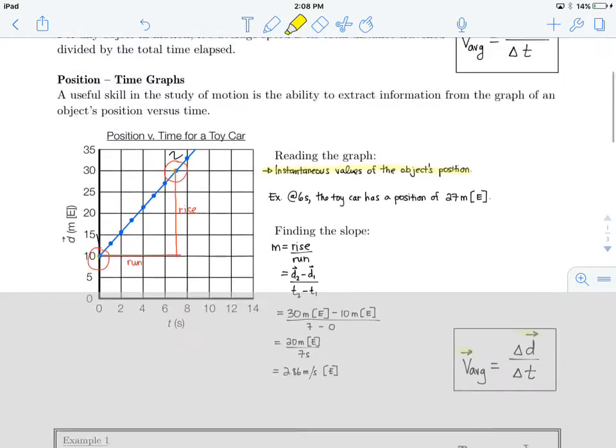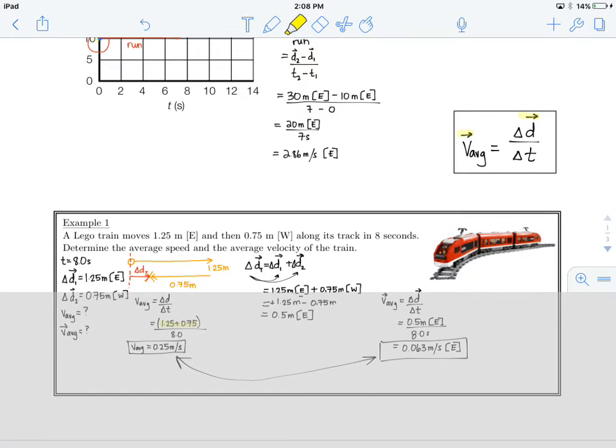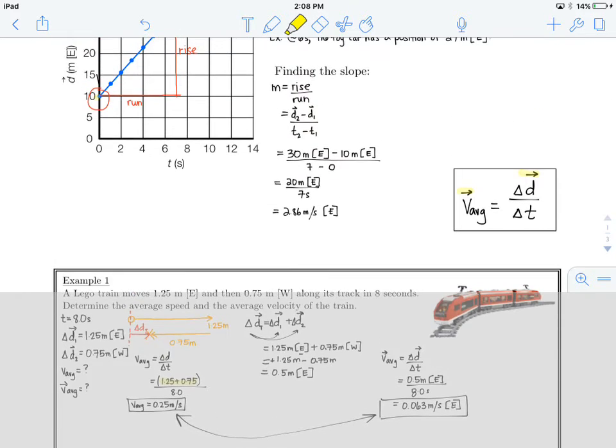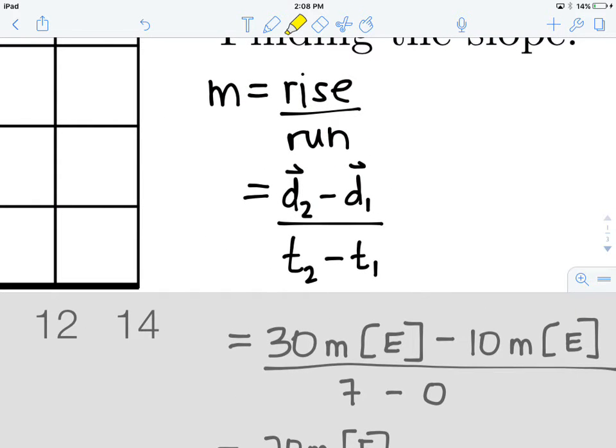It looks very similar to the equation that we had above. However, average velocity is displacement over time. You'll notice that this is position 2 minus position 1. This is what we call delta D, so this is delta D, which is displacement, and this is of course time.